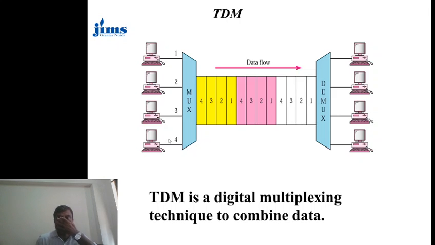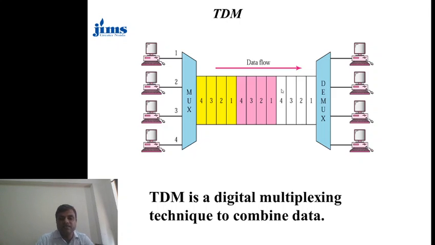So this is basically the data flow. At the transmitter it multiplexes, in the receiver it demultiplexes. Both are synchronized, so the information from computer 1 is transferred to computer 1, information from 2 to computer 2, each to their designated addresses. So this is basically the working of time division multiplexing.